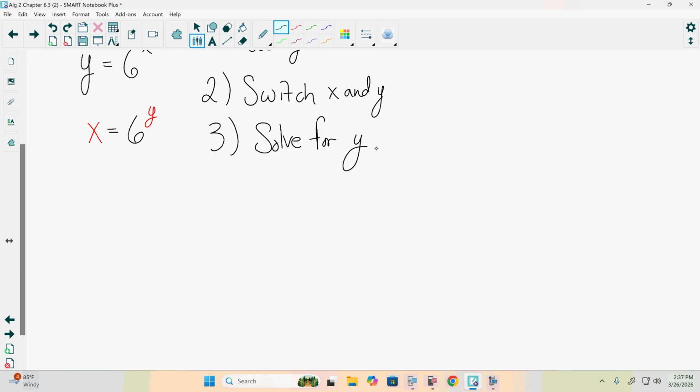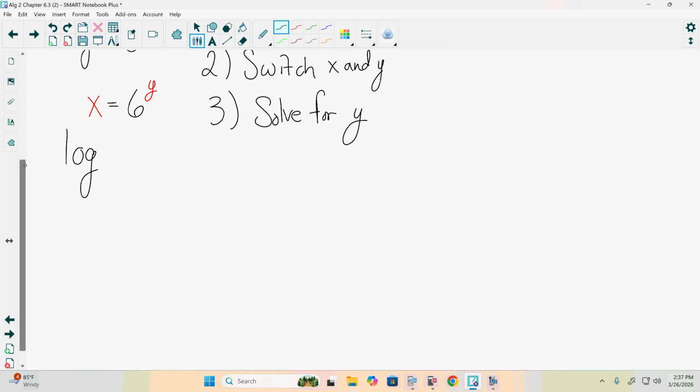We need to solve for y. We need to get y by itself. And to do that, we're going to have to turn it into a logarithm. To get that y out of the exponent, we're going to have to switch it to a logarithm. And based off of what we were doing the other day, switching it to log, we would have log because the base is not e. And what would the base of this log be?